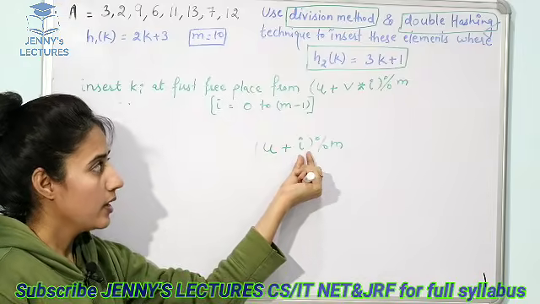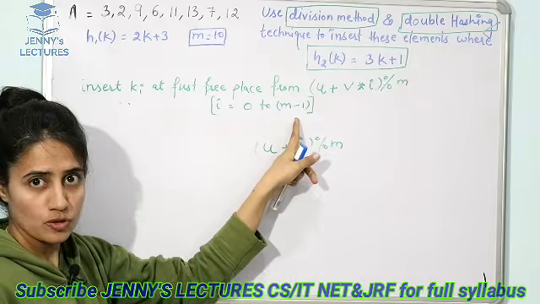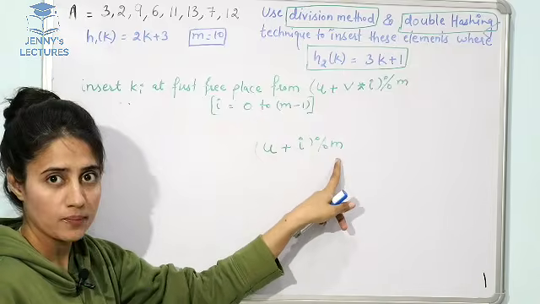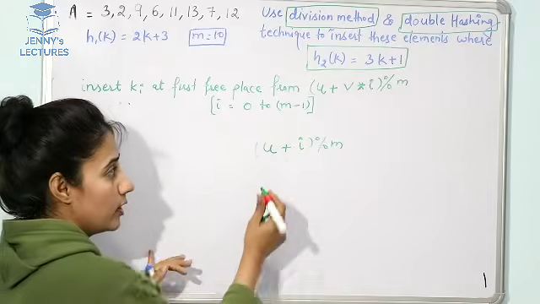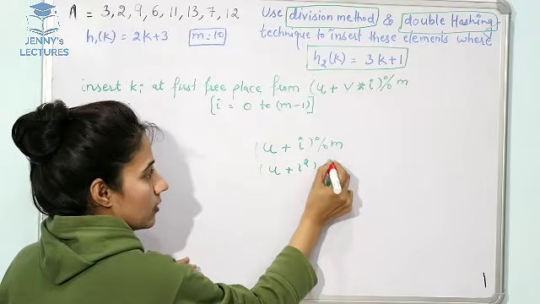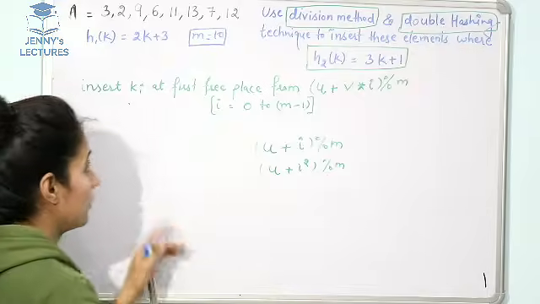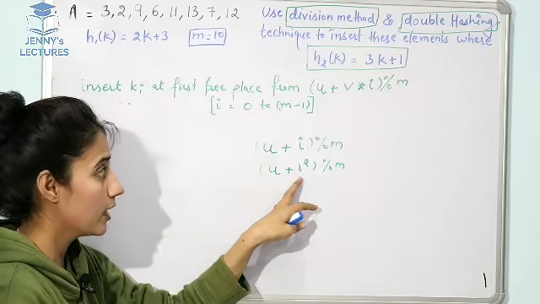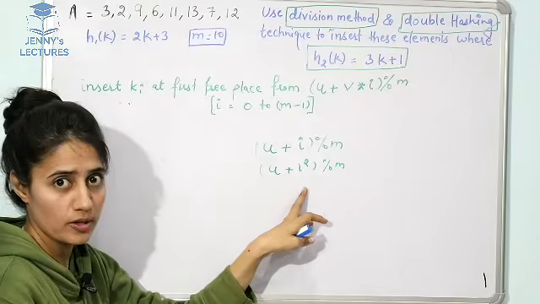Here i is from 0 to m minus 1, and m is the size of the hash table. What was there in quadratic probing? It was (u + i squared) mod m: insert k at the first free space from (u + i squared) mod m. This was the only difference.